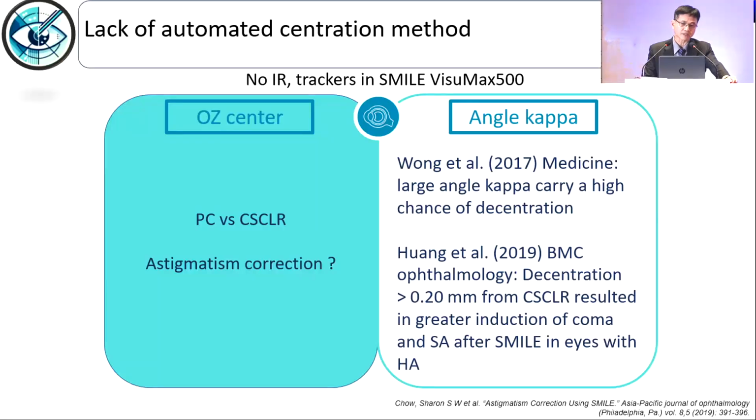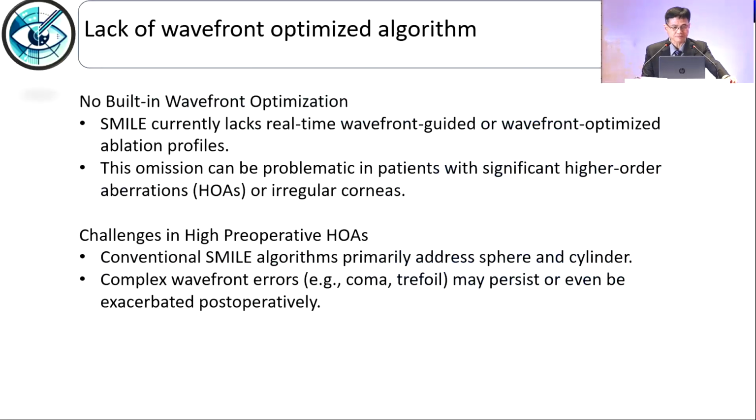Because of the lack of an automatic centration method, we should pay close attention to the angle kappa adjustment, because if we don't, it may lead to inaccurate and high astigmatism correction in SMILE patients.